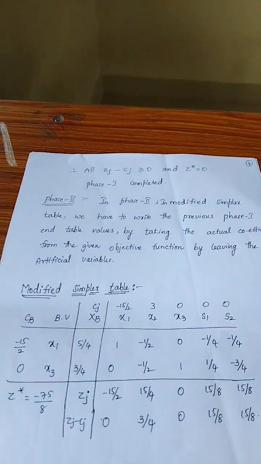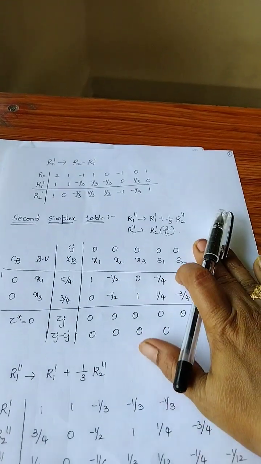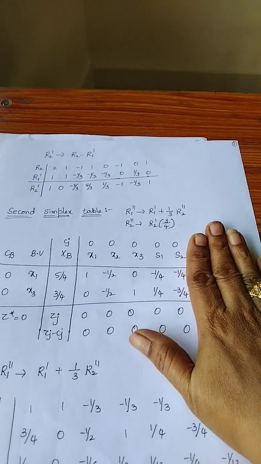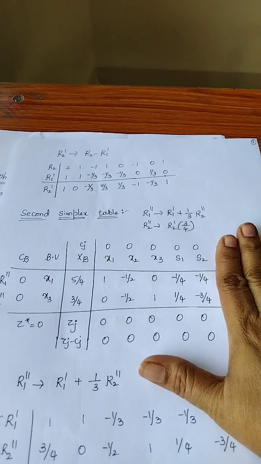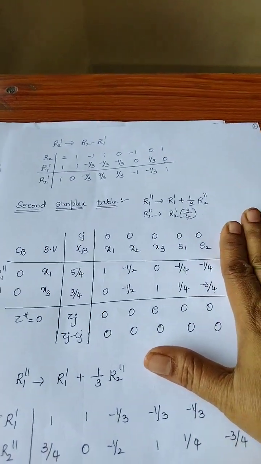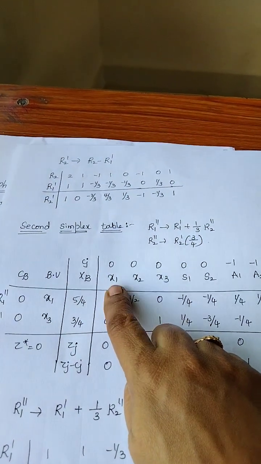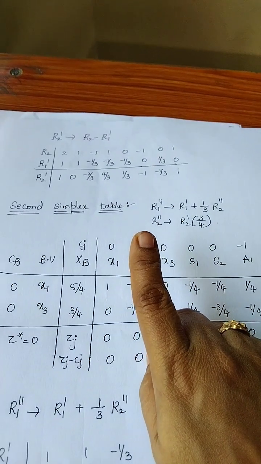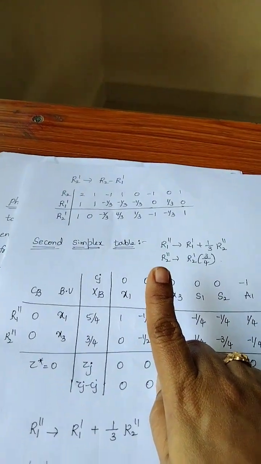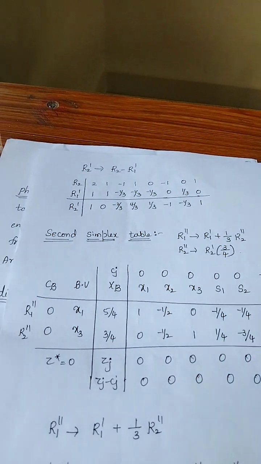See, without writing these two artificial variables, we are going to write the same values with the name modified simplex table, and for the values of x1, x2 and x3, whatever coefficients have been given in the question objective function, you are going to write here.